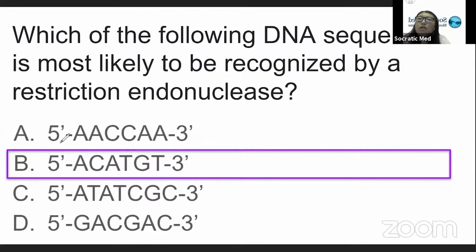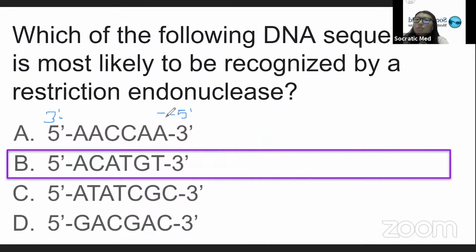With A, we have this 5 to 3 prime sequence, and we want to determine if the 5 to 3 prime sequence of the complementary strand would be the same. That's the definition of a palindrome: the sequence matches exactly its complementary sequence.